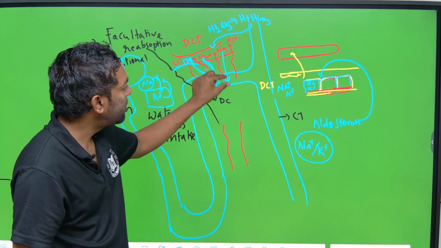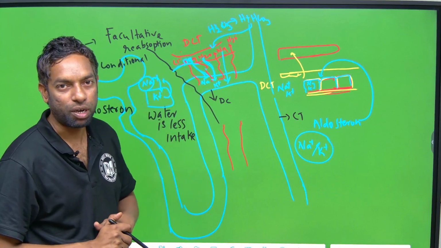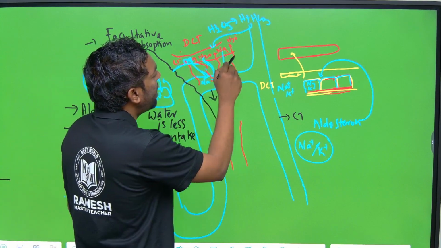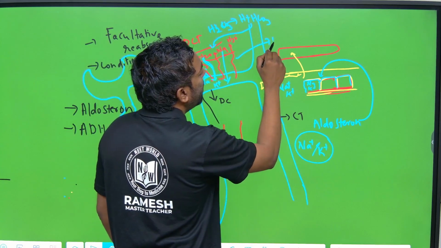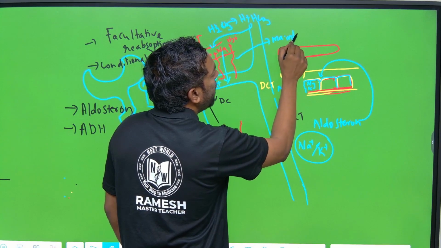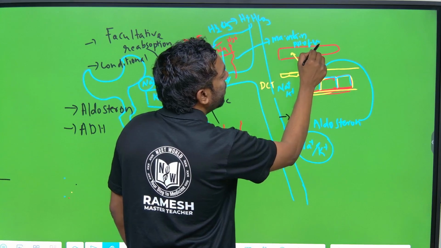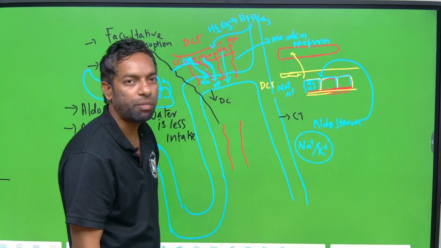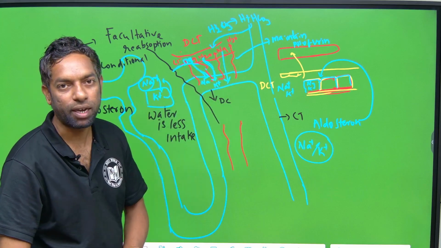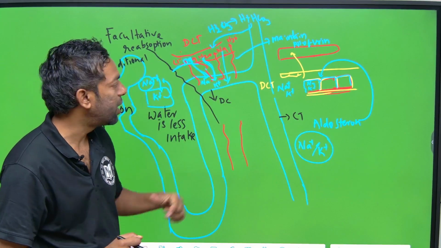H plus is exiting and HCO3 is absorbed into the blood vessel. This H plus always helps maintain the pH of urine. H plus is secreted here, maintaining blood pH as well as urine pH.